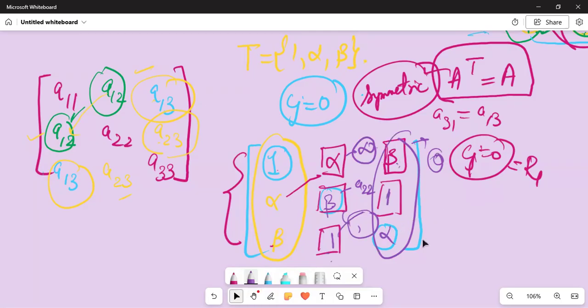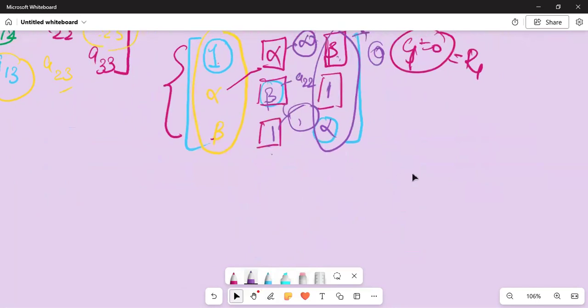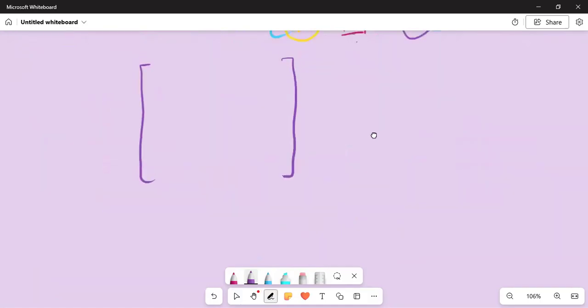So repeating this exercise once again. What did you observe? That once you choose the elements for your first column, for example, this is 1, this is alpha, and this is beta, this is your choice.